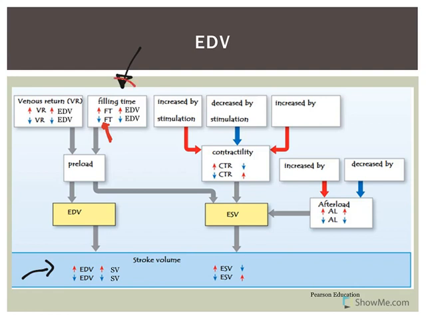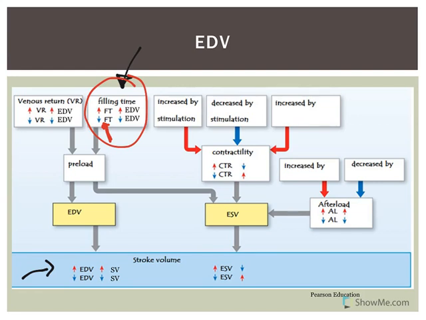So with filling time, ultimately, it had to do with how much time you spent in diastole, which would be related to your heart rate. So again, I want to mention what I had mentioned in the previous recordings, there's kind of crossover between heart rate and stroke volume. So you'll notice here heart rate's affecting your filling time, which affects your end diastolic volume.